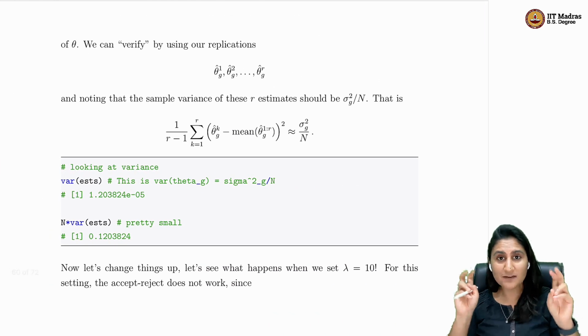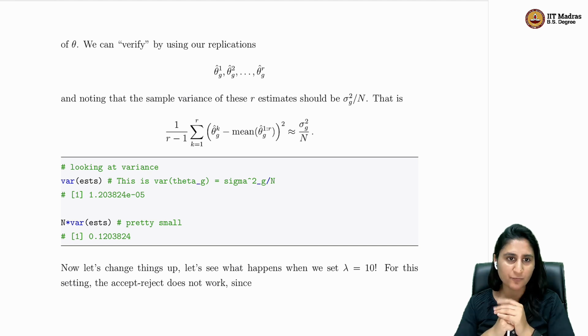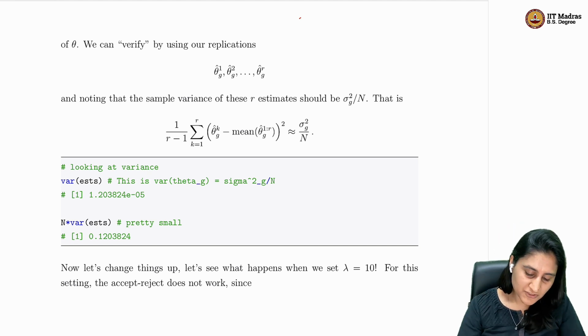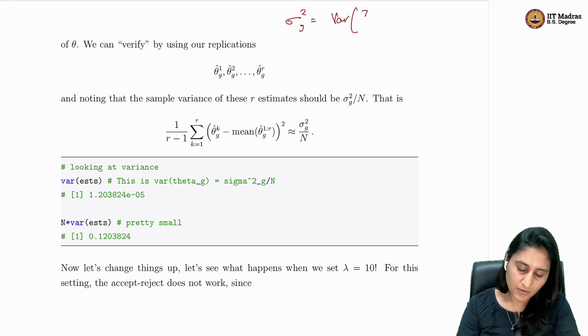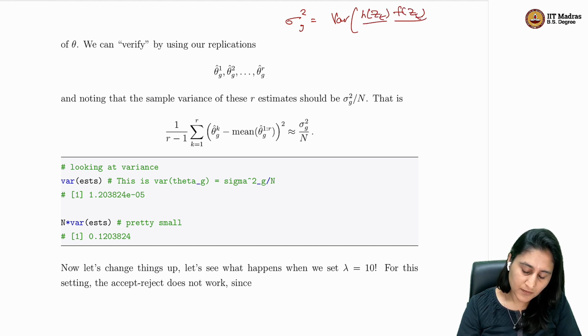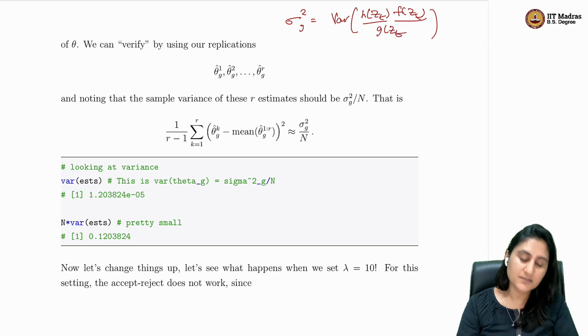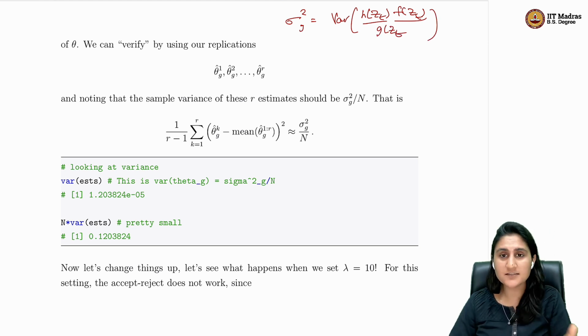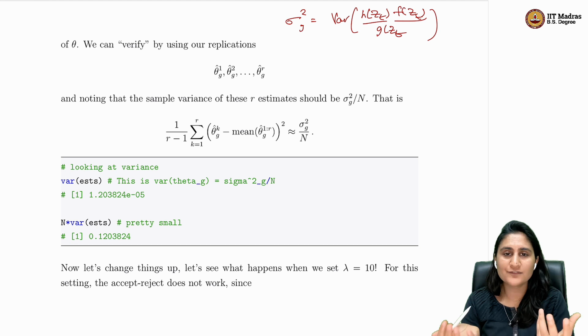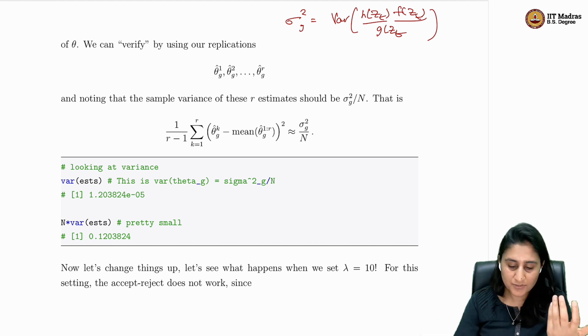Now again, we can verify this with the same idea as before. Our sigma squared g is the variance of h(Z_t)f(Z_t)/g(Z_t). Again, this is a general behavior of this estimator, not necessarily true about this particular sample that I've gotten, which means I can't measure the variance just from the samples over here.